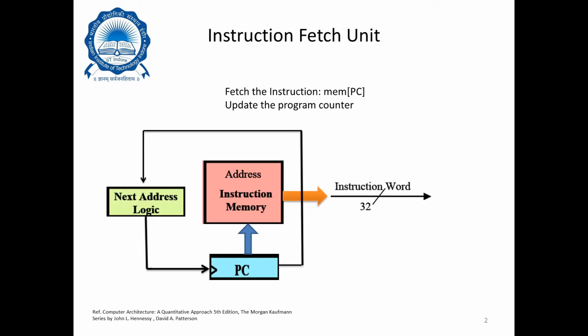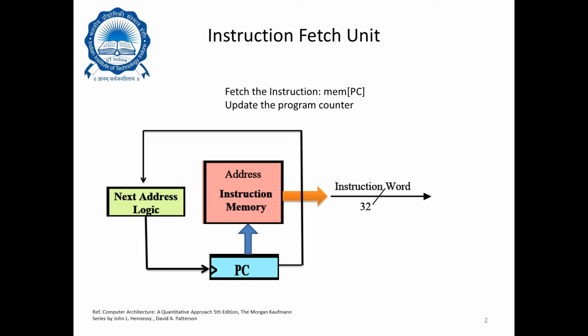So let us start with the instruction fetch unit. What is an instruction fetch unit? The instruction fetch unit has three major blocks. First is an instruction memory, second is a program counter, third is the next address logic. The next address logic block is responsible for computing the address for those types of instructions that deal with branching and jumping.